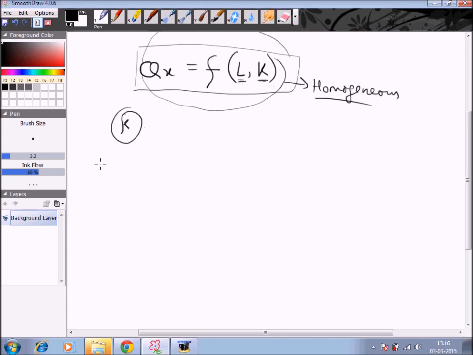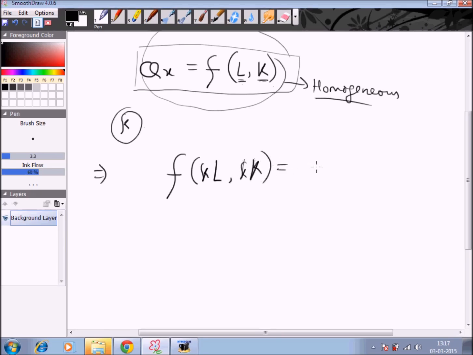Let me show that. Suppose my production function is like this: I am increasing the labor with small k, and I am also increasing the capital in the same proportion, that is small k.